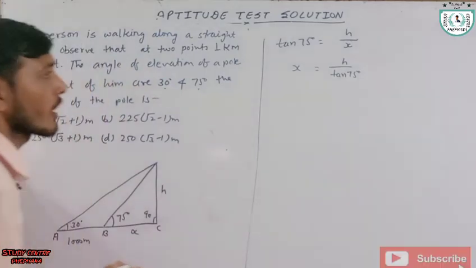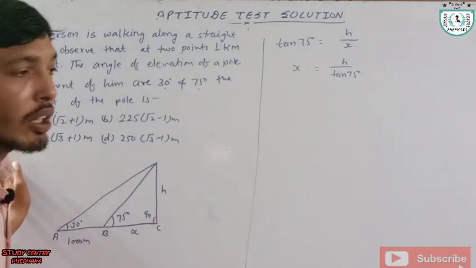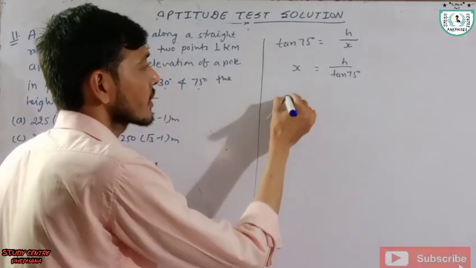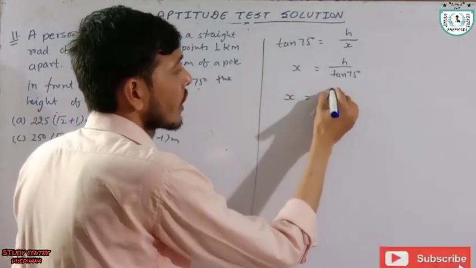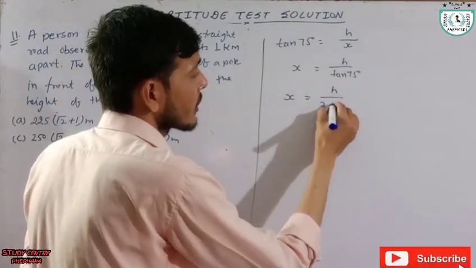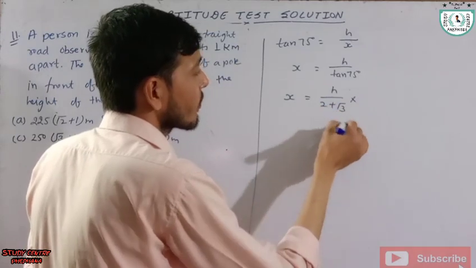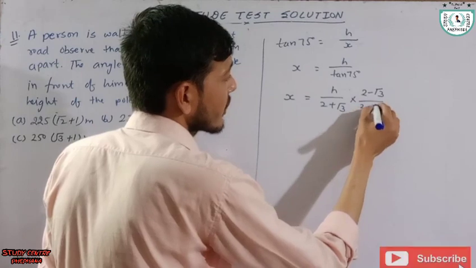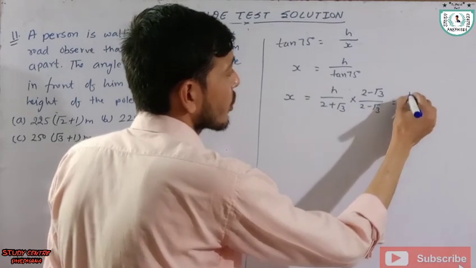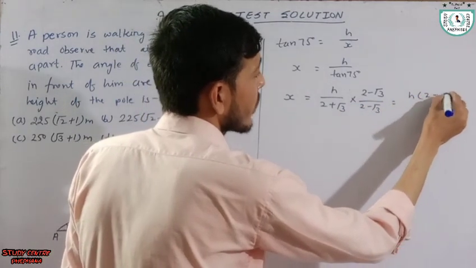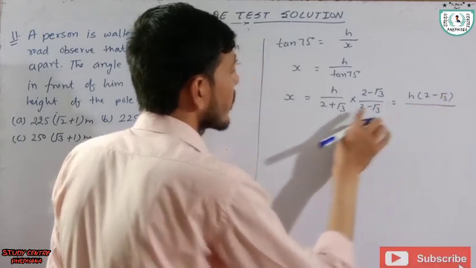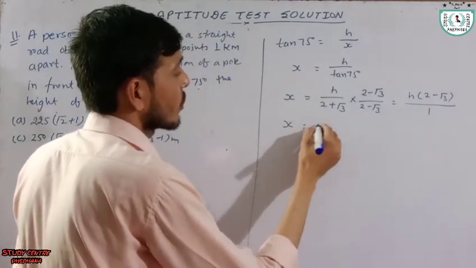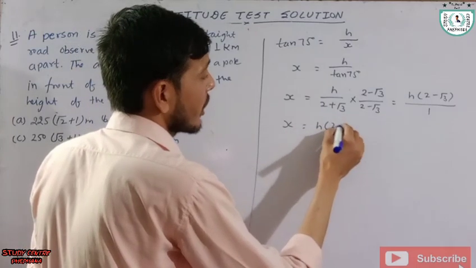The value of tan 75 degrees is equal to 2 plus root 3. It means x is equal to h upon 2 plus root 3. After rationalization, multiplying by 2 minus root 3 upon 2 minus root 3, we get x equal to h into 2 minus root 3.